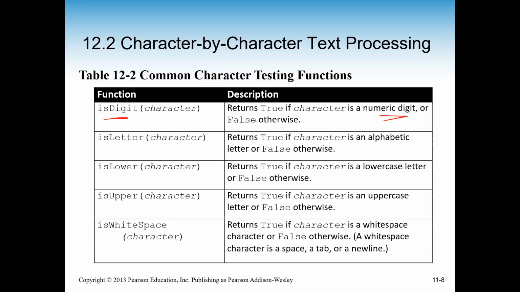Is whitespace, so if we're just having a space, tab, or a new line character. All of these return true or false, which basically means that they would be very good for input validation, if you think about it.